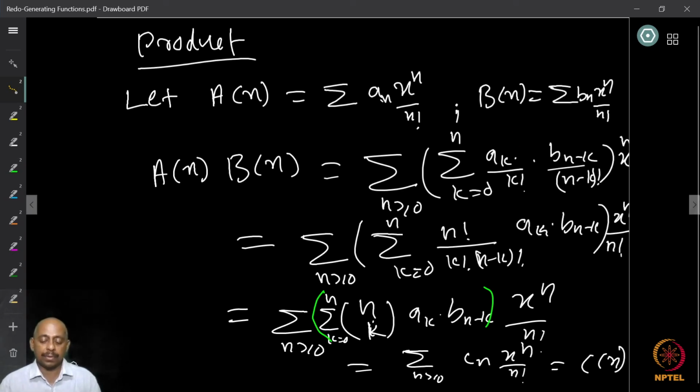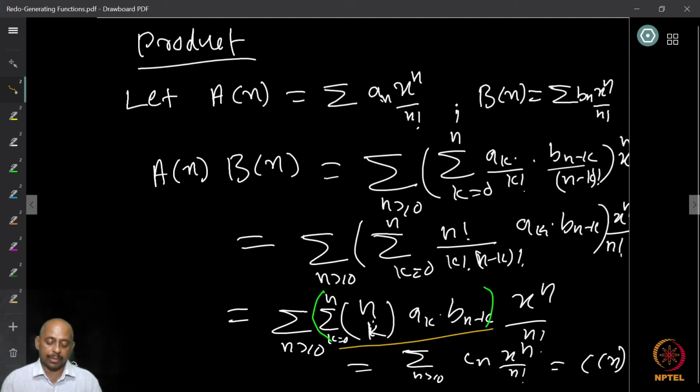So once I have the n factorial, I can take these together: n factorial by k factorial into (n-k) factorial, times a_k into b_(n-k), right? And this is equal to the summation over n, summation k equal to 0 to n, of n choose k into a_k into b_(n-k), times x^n by n factorial, and that is equal to the summation of c_n x^n by n factorial, which is C(x). So c_n is defined to be this sum.